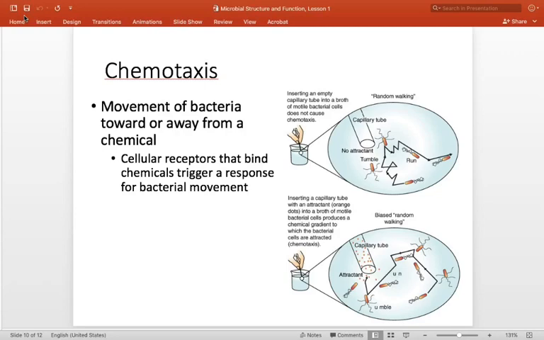With chemorepellents, the microorganism moves away. So as they're sensing lower concentrations, they will continue to go on a run. As soon as that concentration begins to increase again, you'll see a tumble and a movement in a new direction. Obviously, this requires energy, right?